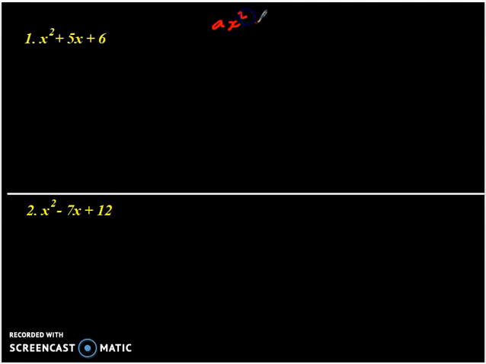x squared plus bx plus c. If you notice, a would be the coefficient of x squared, b would be the coefficient of x, and then c is a constant.